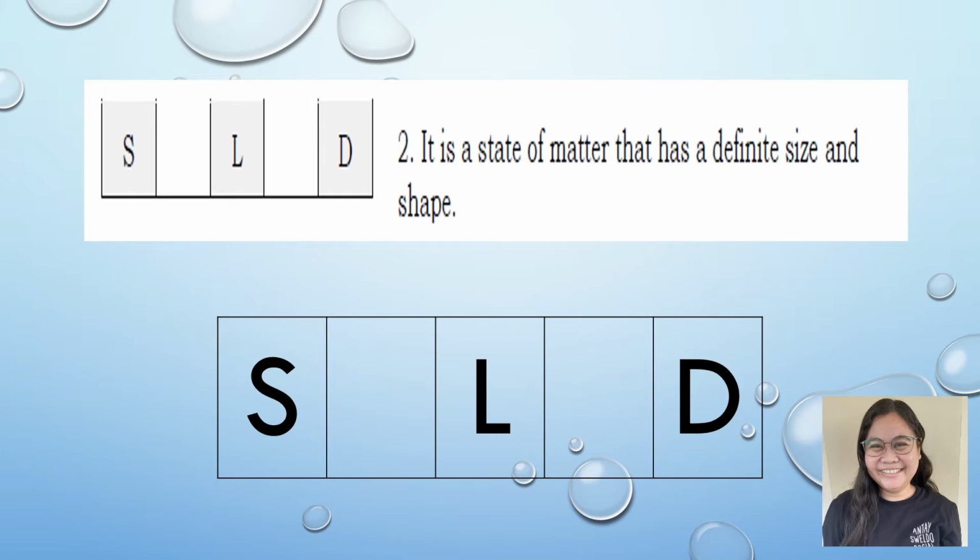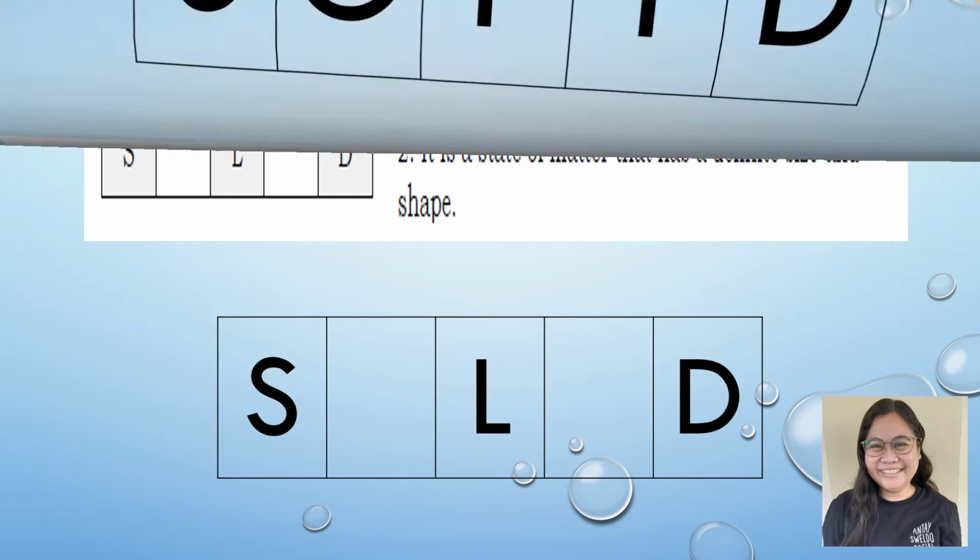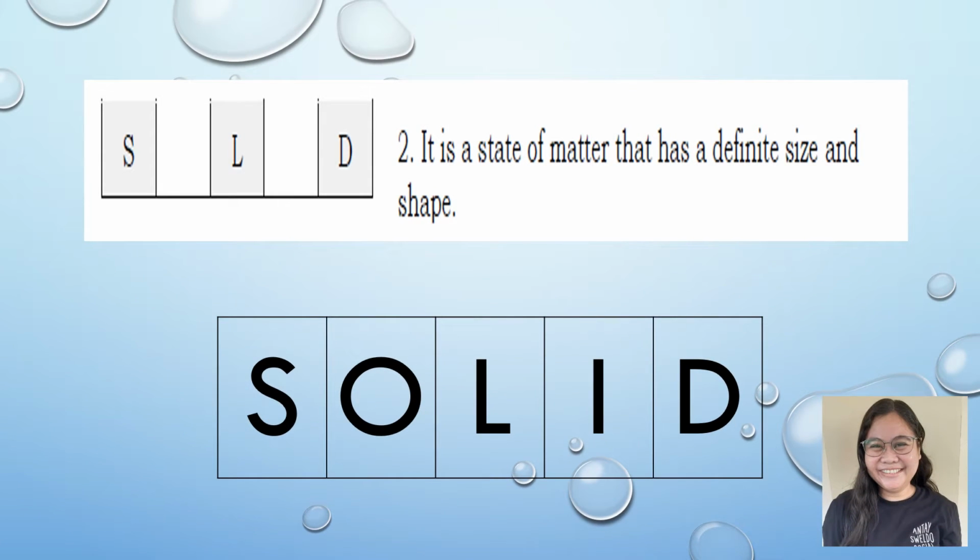Number 2, it is a state of matter that has a definite size and shape. Very good. Solid. Solid is a state of matter that has a definite size and shape.